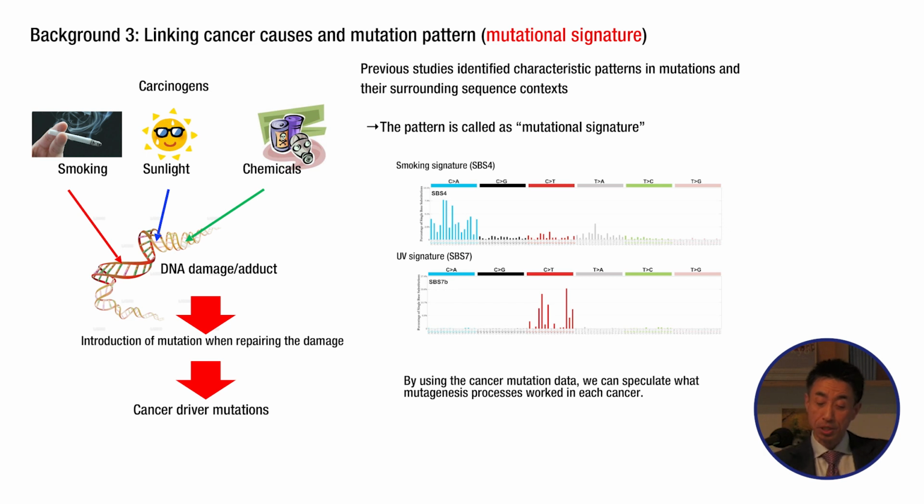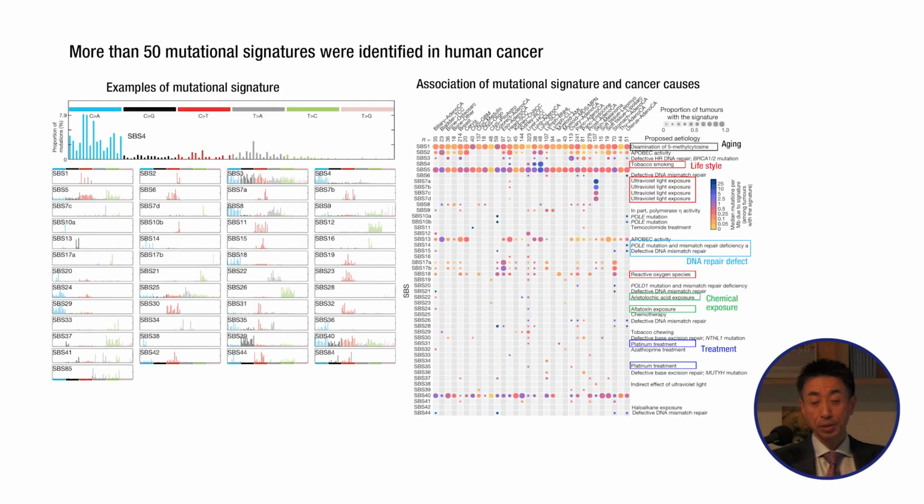So using this cancer genome data, we can speculate what mutagenesis process is working in each cancer. Here we have more than 50 mutation signatures identified in human cancer. So more than 50 different mutation processes or causes of cancer are working in human cancer.